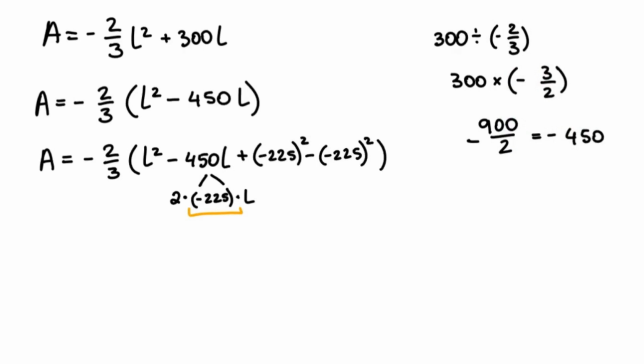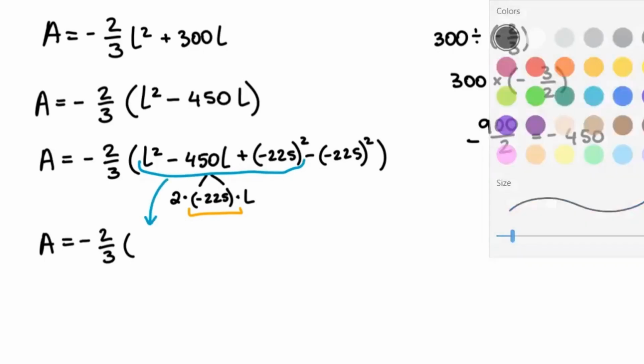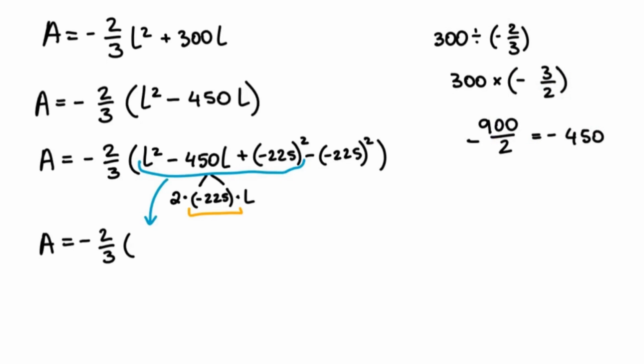Okay, next, we keep the a value, negative 2 over 3, and we are converting. This will become a perfect square trinomial that can be factored into L minus the number that was squared at the end, negative 225, and then squared.